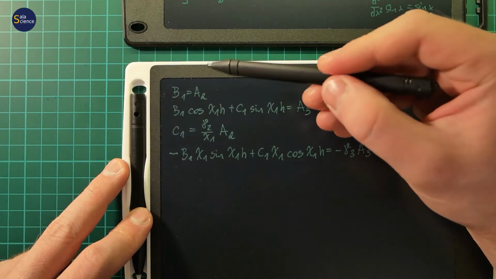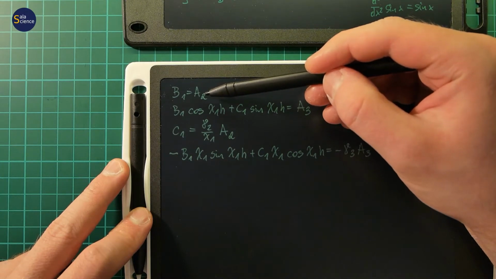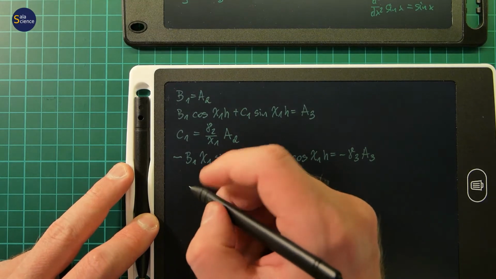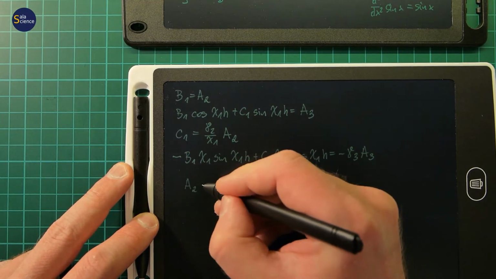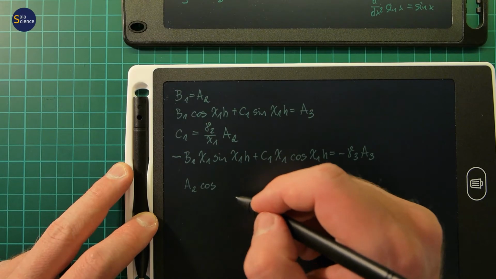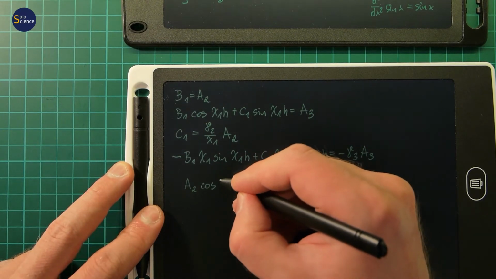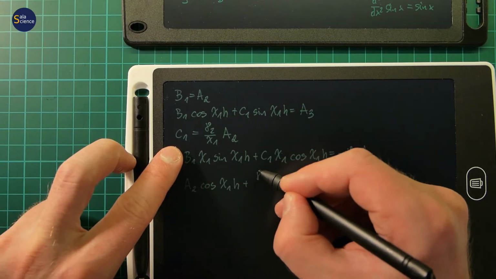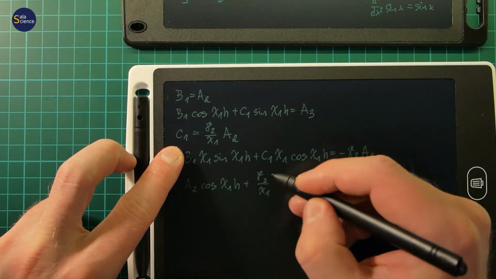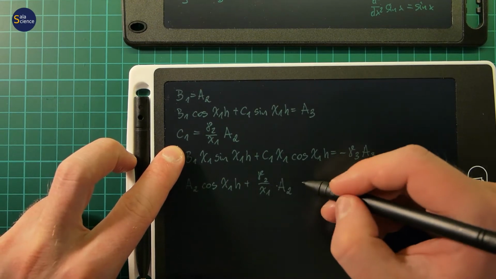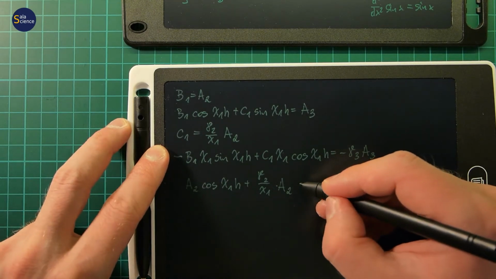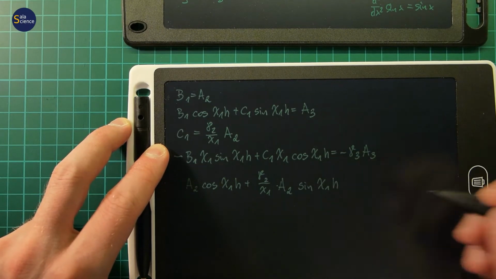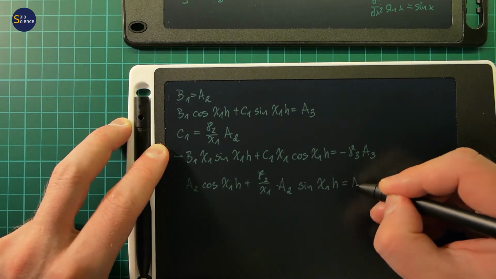Let's express everything with a2. So we can write that a2 cosine chi1 h plus, and c1 is gamma 2 over chi1 times a2, sine chi1 h, and this is a3.